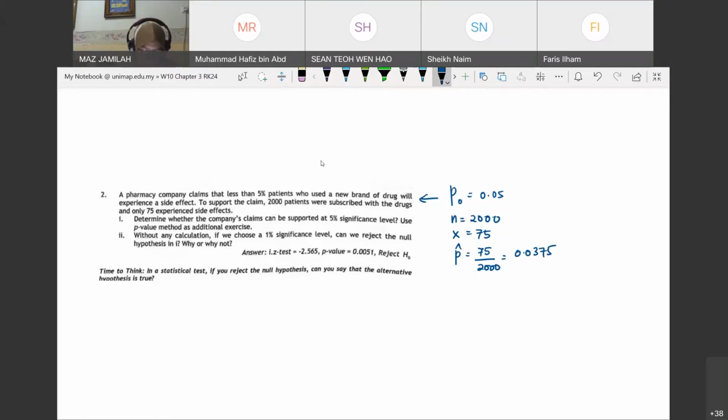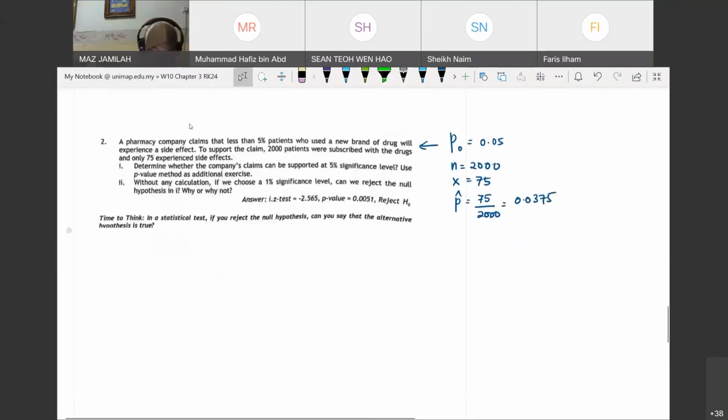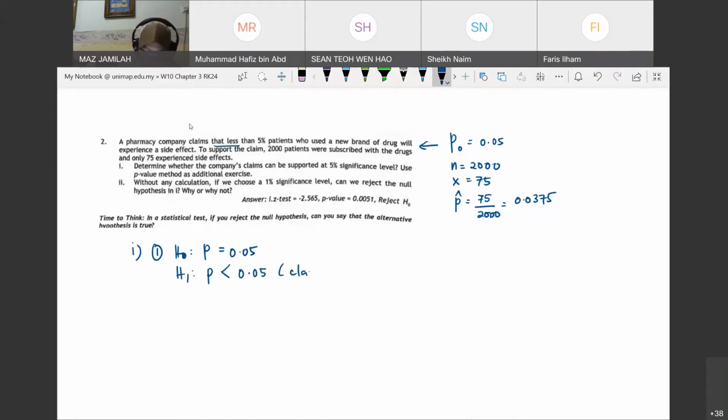Use the p-value method as additional exercise. Let's begin with the hypothesis procedure. The first step is the statement. The null: P is equal to 0.05. Alternative: P less than 0.05, which is the claim of the test.